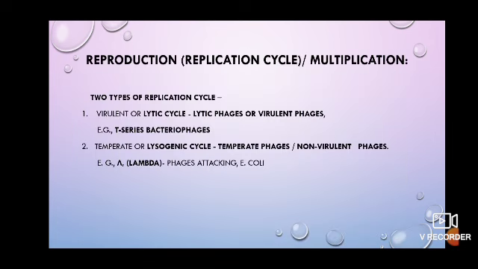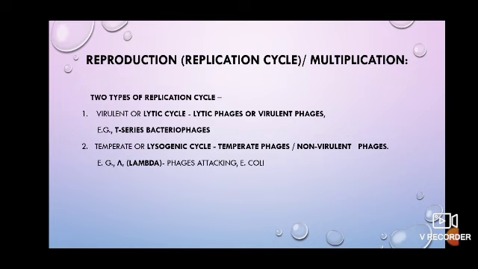Coming to the multiplication of the bacteriophage, the reproduction or replication cycle. Bacteriophages exhibit 2 types of replication cycle, virulent or lytic cycle and temperate or avirulent or lysogenic cycle.